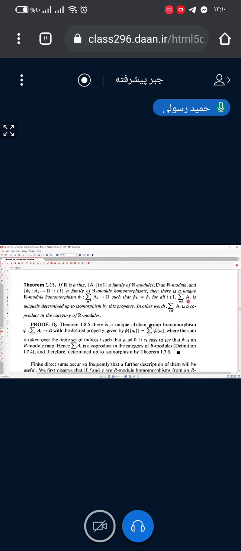In other words, the sum of A_i is a coproduct in the category of R-modules. Let me draw the diagram.